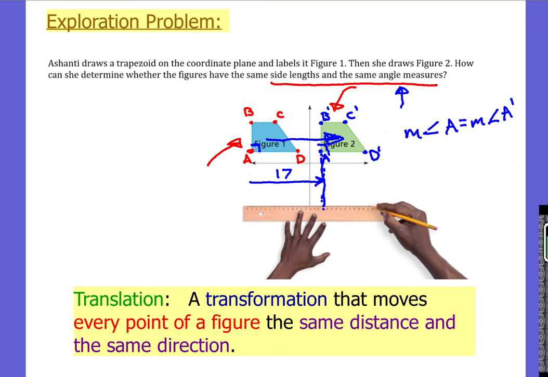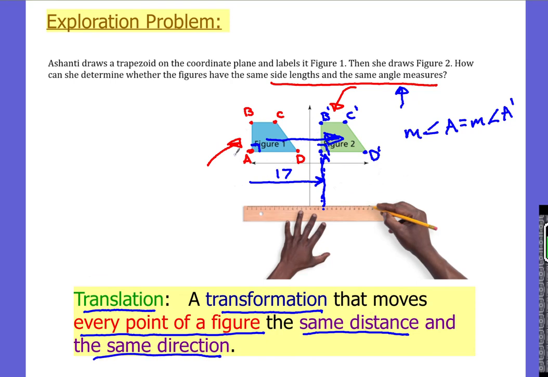So we've got our first definition, a translation. A translation is a type of transformation that moves every point of the figure. You can see that A went to A prime, B went to B prime, C went to C prime, D went to D prime, the same distance. It all moved 17 and they all went the same direction.